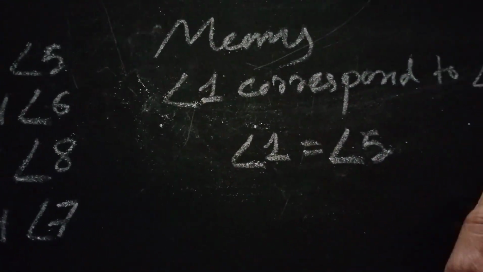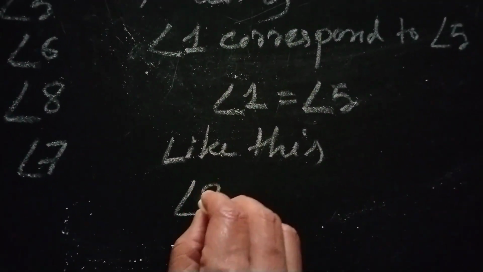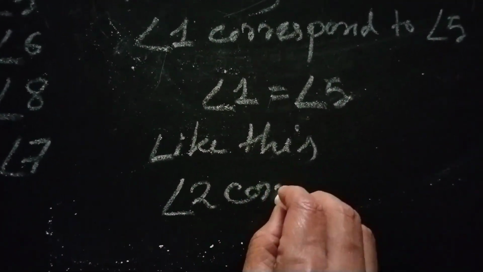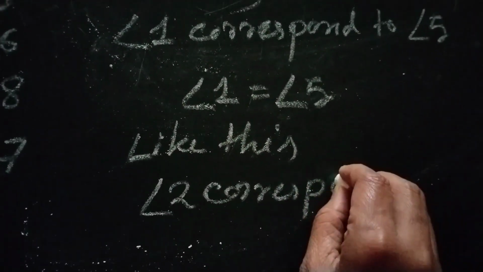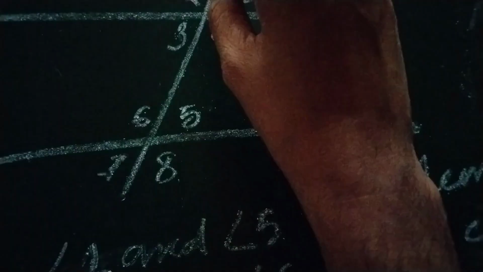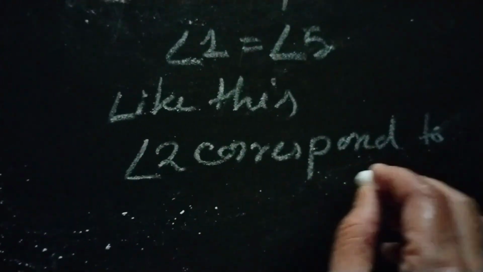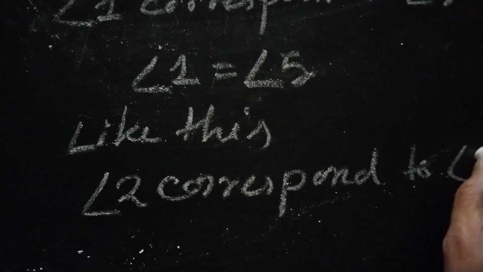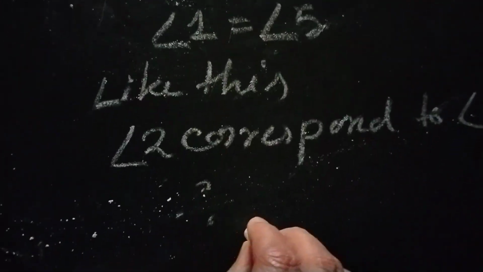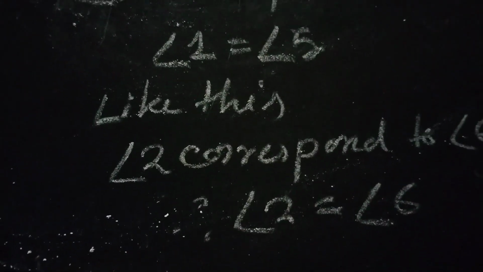So these angles are equal. Like this, angle 2 corresponds to angle 6, so they are equal because corresponding angles are equal. This is their property.